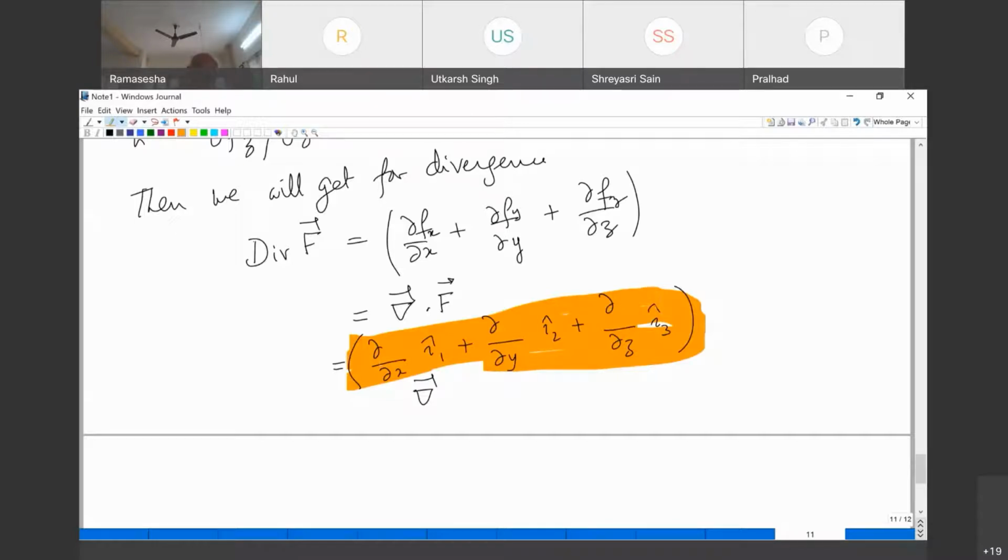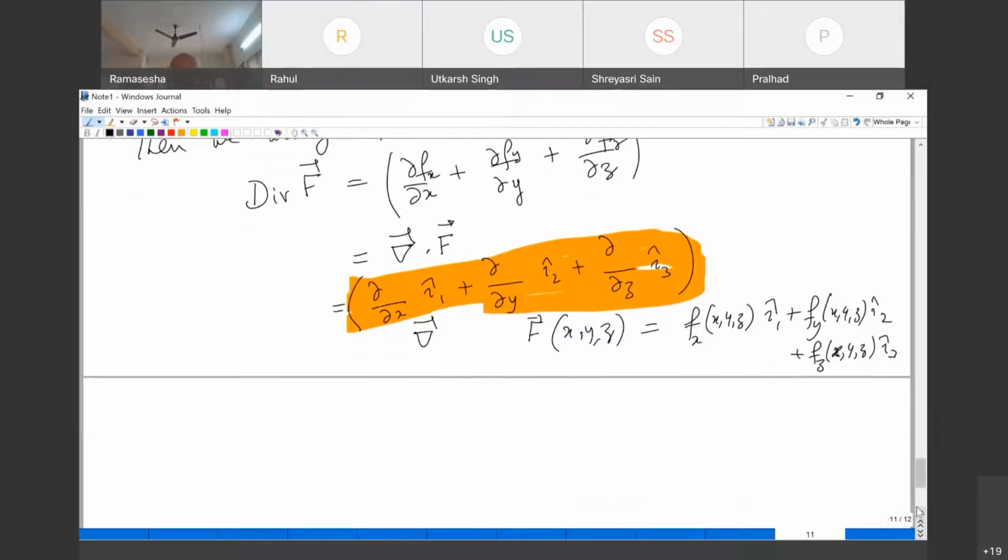Okay. Now, F is given by Fx, a function of x, y, z, times I1, plus Fy, a function of x, y, z, times I2, plus Fz, a function of x, y, z, times I3. Okay.